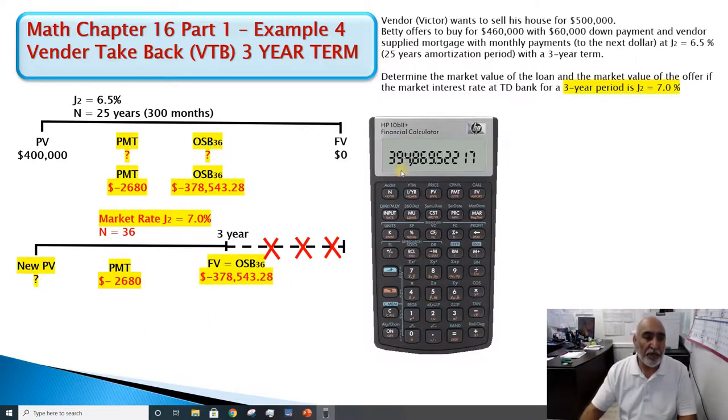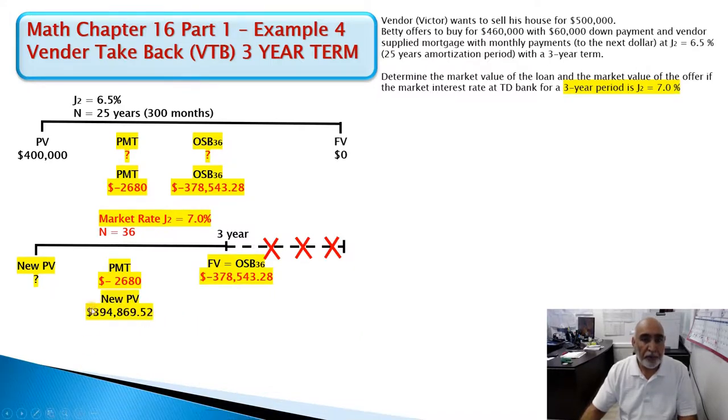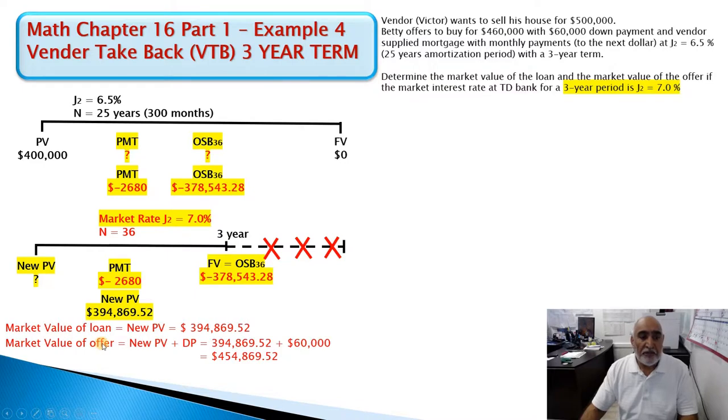That 394 on the screen is the market value of the loan. So the new PV, 394, is the market value of the loan. And the market value of the offer is the new PV, 394, plus the down payment, 60,000, so it's 454. Okay, let's do this question one more time.